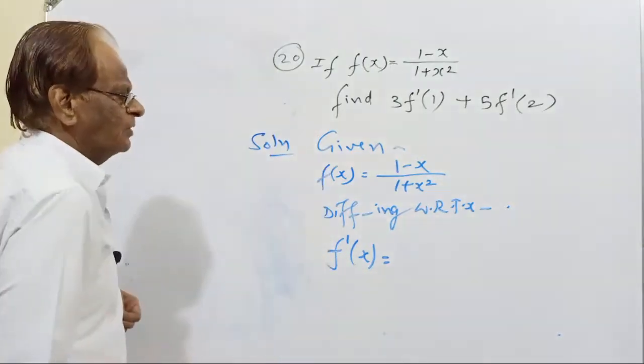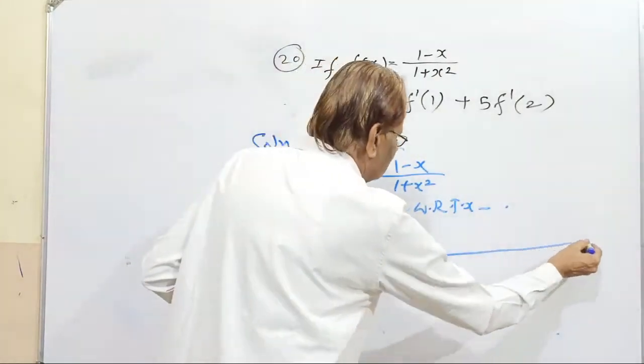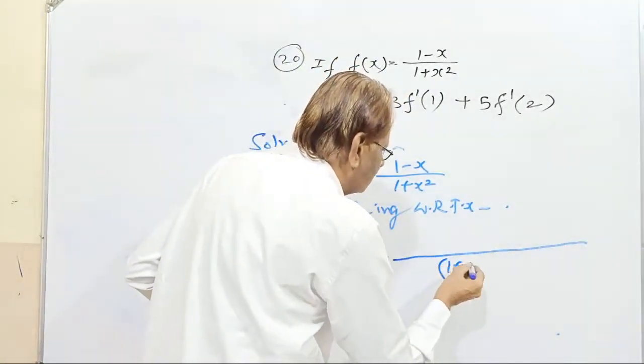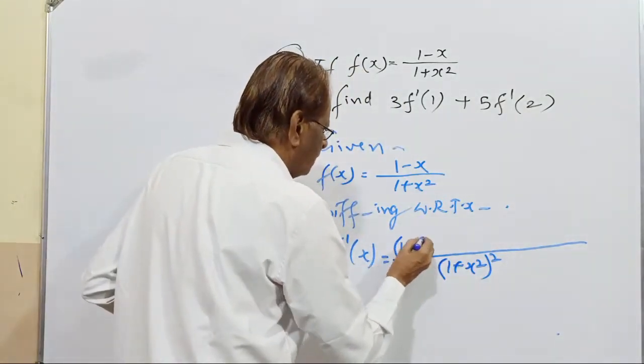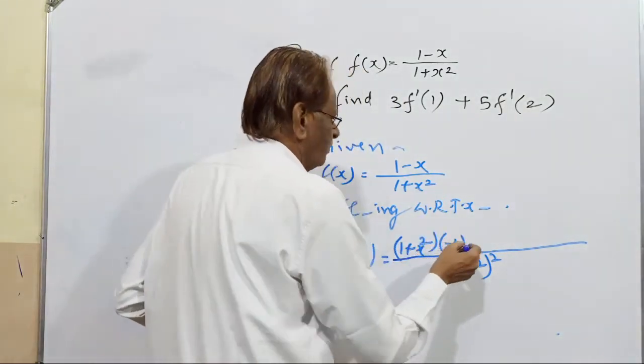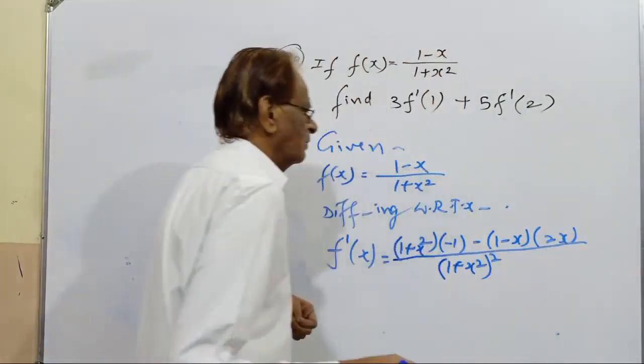Again, quotient differentiation, use the quotient rule. Denominator whole square. Denominator as it is, differentiate numerator, minus numerator as it is, differentiate denominator.